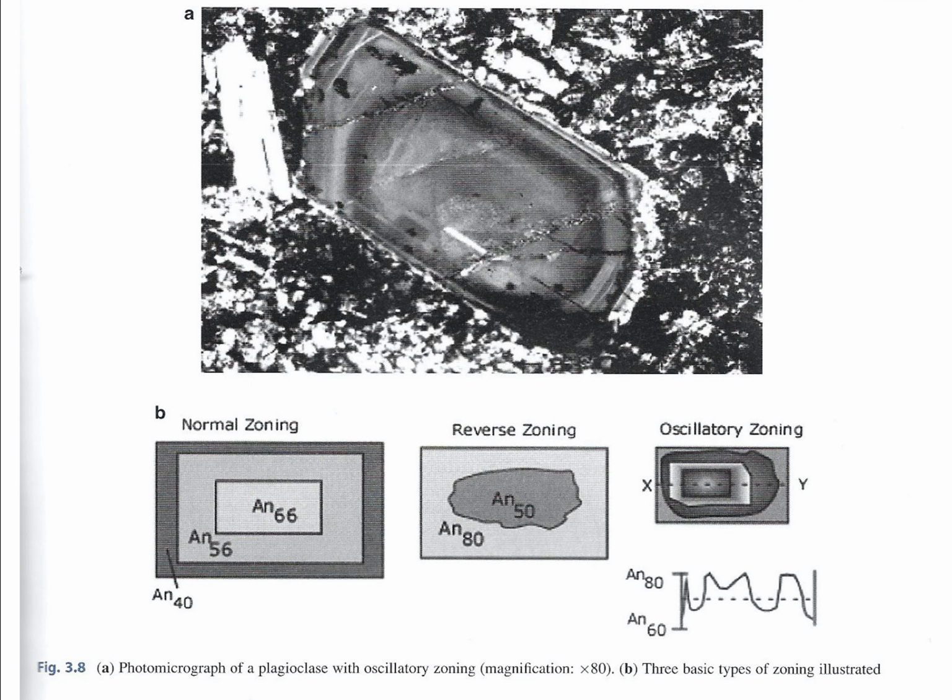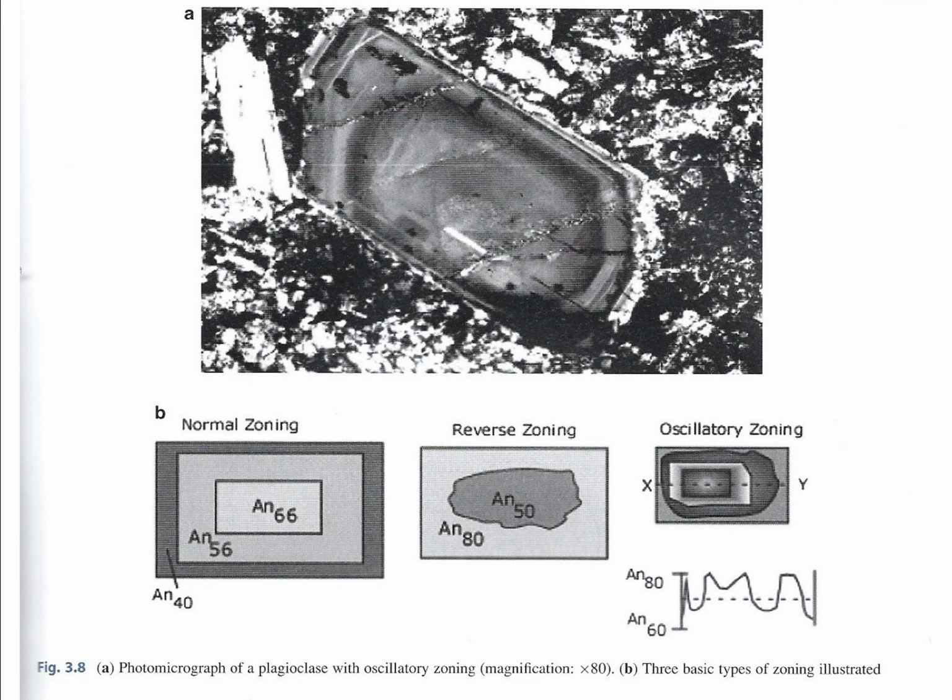So the melt which formed the plagioclase in the center was cooler than those afterwards. So we had maybe an injection of a hotter melt into a cooler magma chamber.